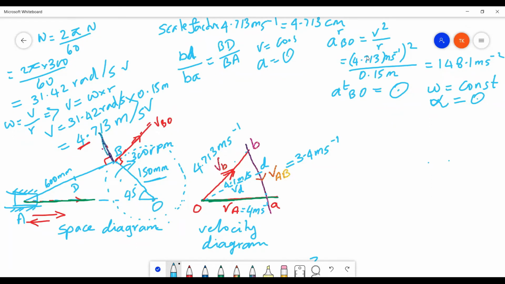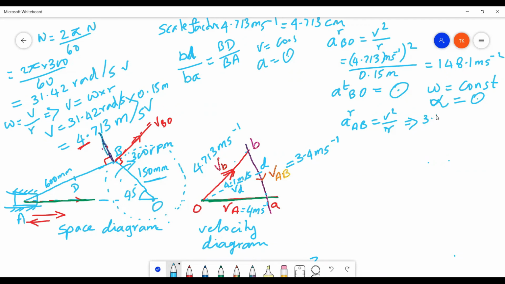Then we'll go to the next one, A with respect to B. So that will be the radial component of A with respect to B. Again, the same equation, V squared upon R. We have found the velocity BA, that is 3.4 meter per second.